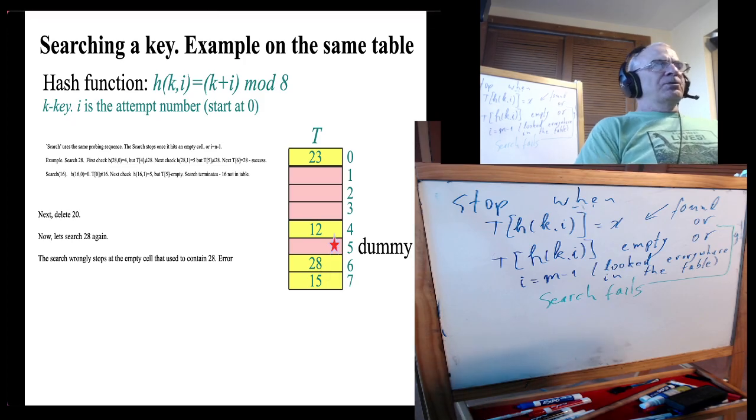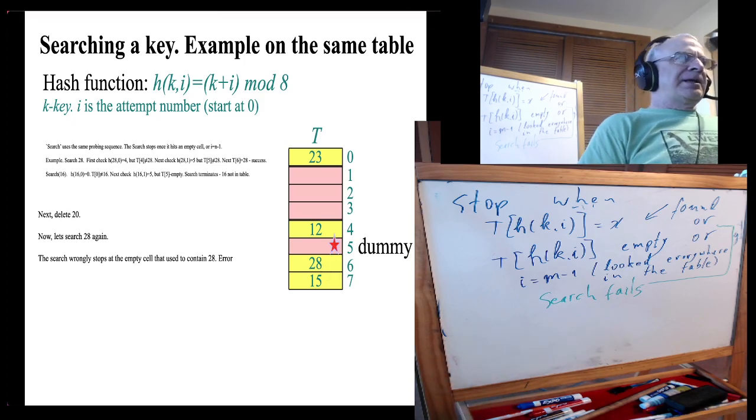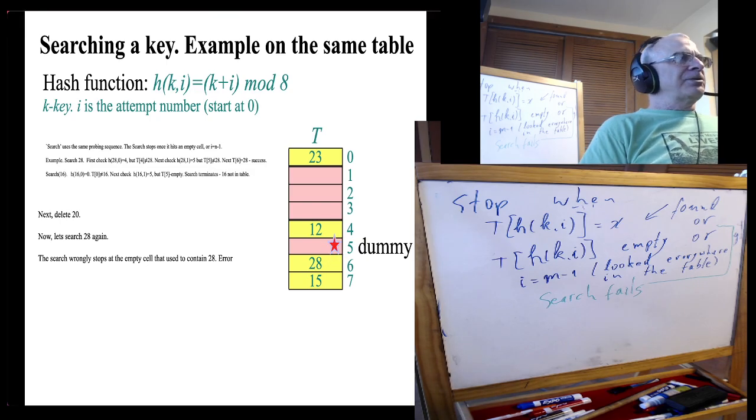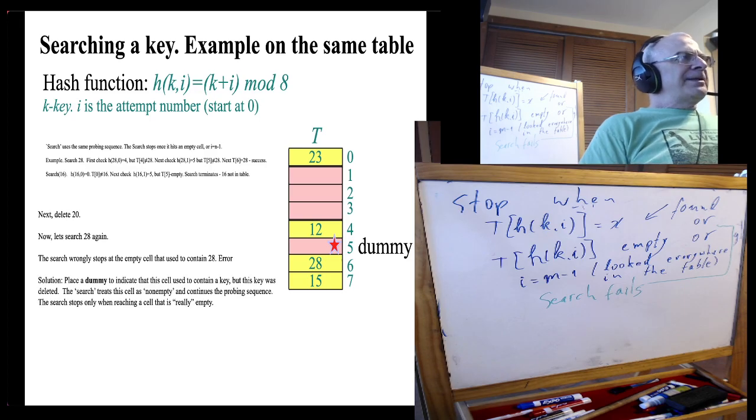So how do we solve it? We place a dummy value, a value that is different from any other value, -1, a flag, a gravestone. Somebody used to live here, but not anymore. There is a dummy in this cell.